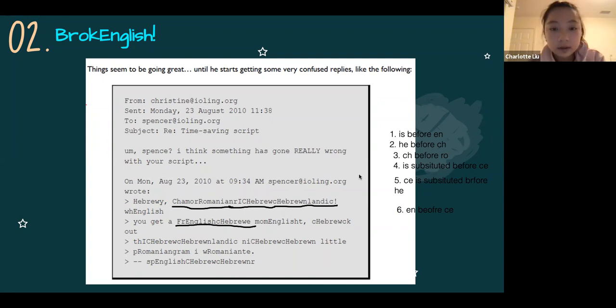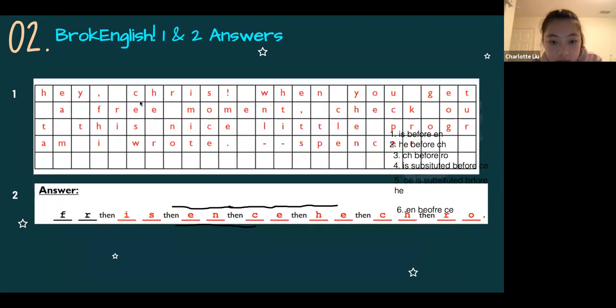So then now going back to the question, you can just get the order from these rules that we have. So it will be first you select IS, then EN, then CE, then HE, then CH, then RO.